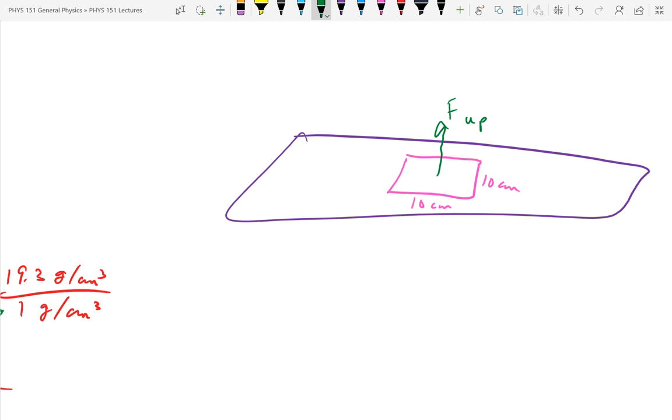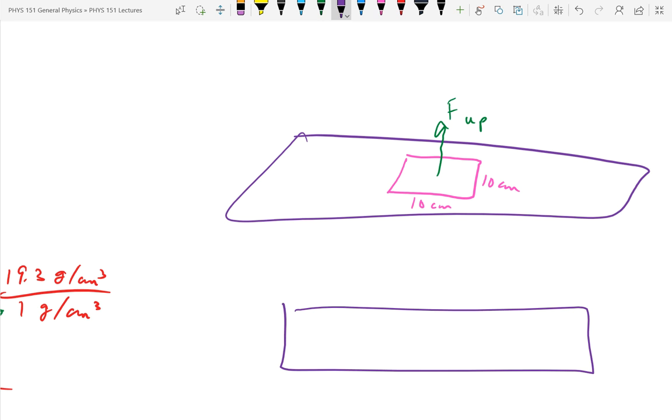For our purposes, we will approximate that the pressure between the plates, so now we have an expanded view. Here's the plate, and here's our suction cup.